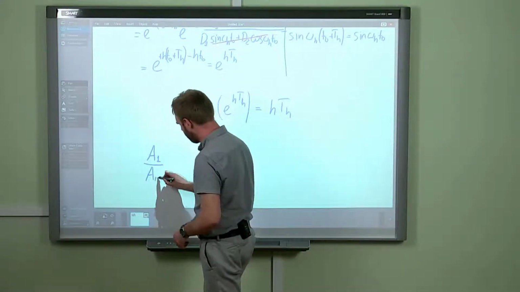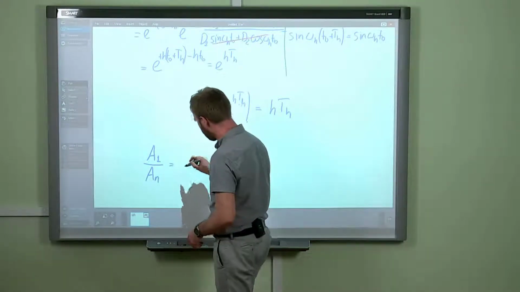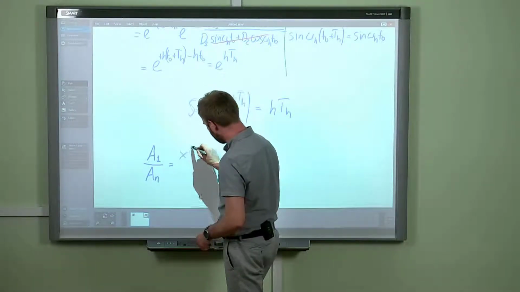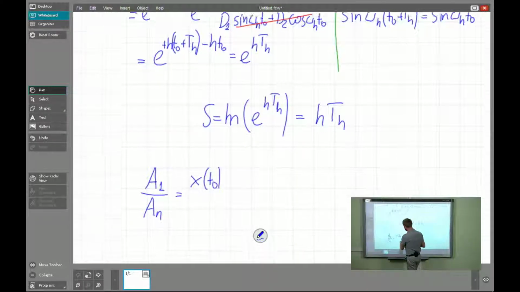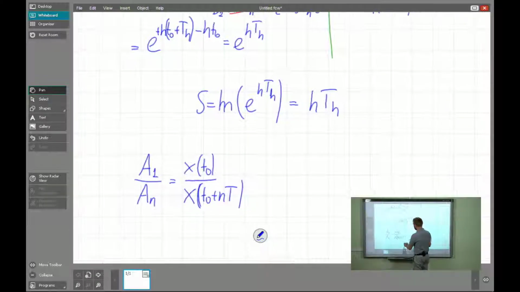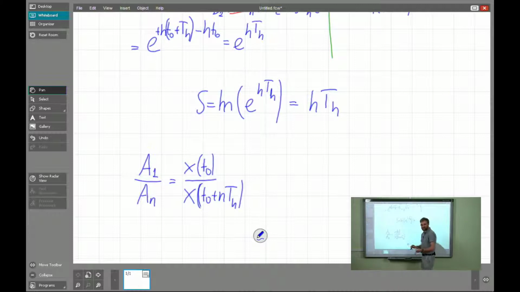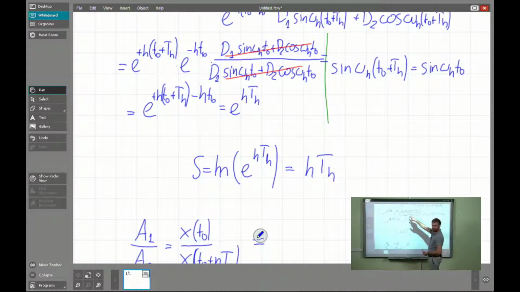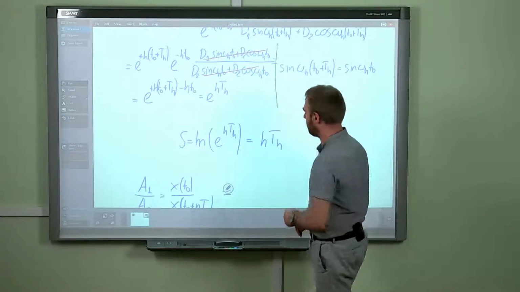Also, we can consider the situation when we take A1 to some subsequent amplitude. I mean, when we are dealing with x(T0) over x(T0 plus some bigger number of periods). Generally, the result will be exactly the same, because if we are talking about that component, the same rule can be applied.